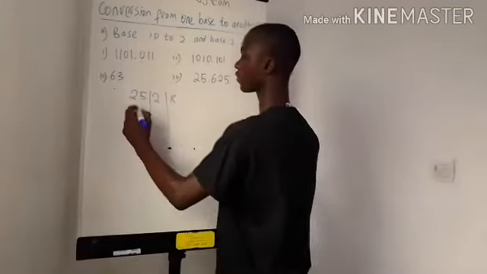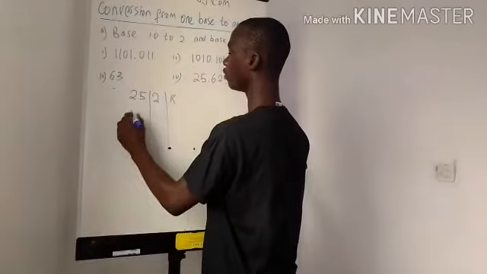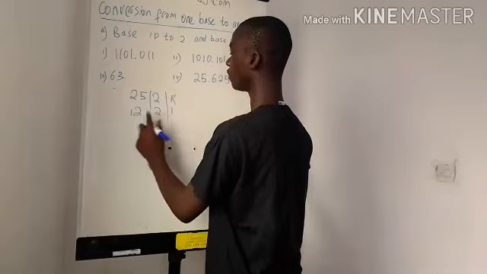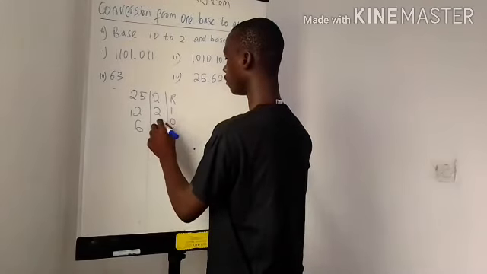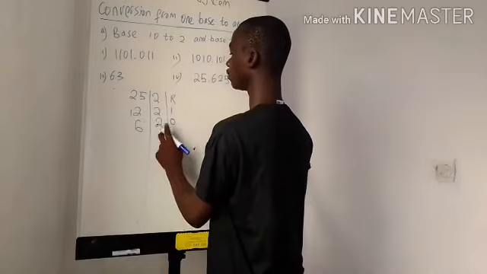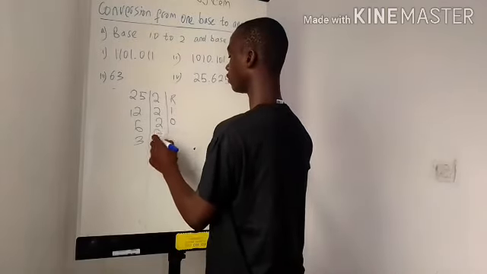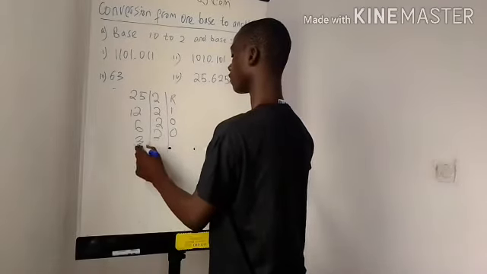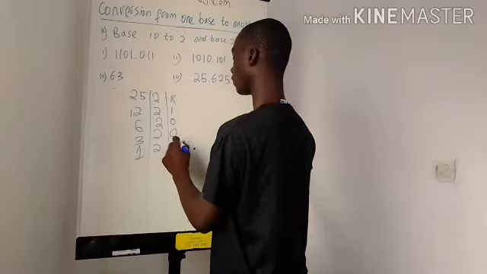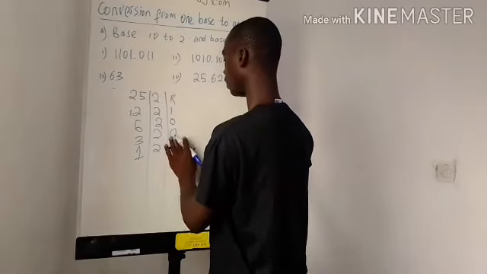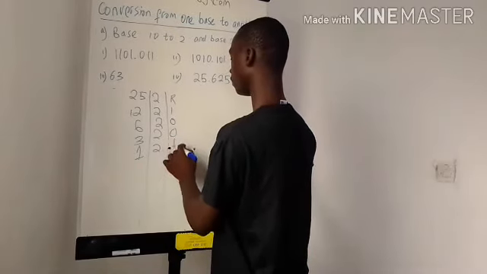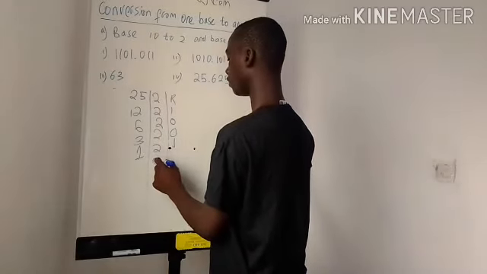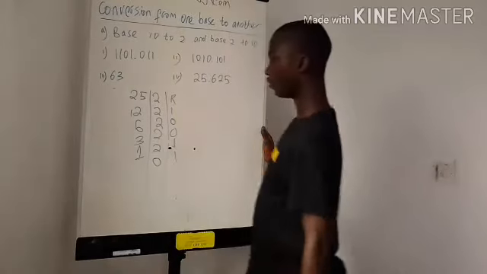So here, 25 divided by 2, we have 12 with the remainder of 1. 12 divided by 2, we have 6, the remainder of 0. 6 divided by 2, we have 3, the remainder of 0. 3 divided by 2, we have 1, the remainder of 1. 1 divided by 2, 0, the remainder of 1.